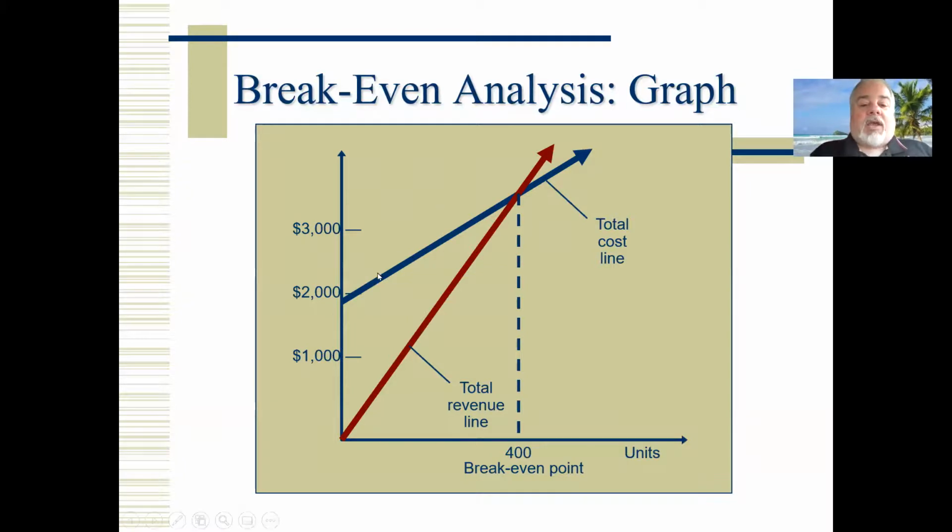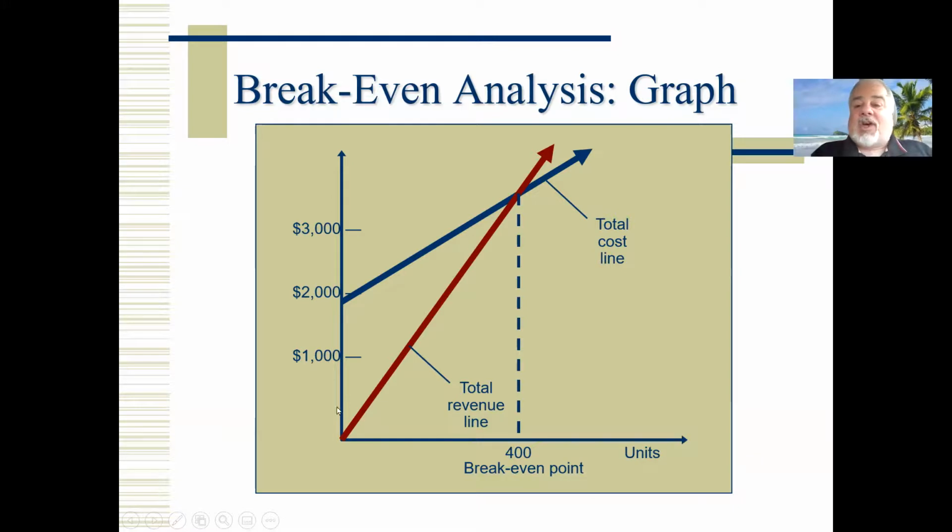So let's look at that. Here's the cost line. When I have 0 rafts, it's $2,000 before I even start. I make my first raft, it's 2005. Second raft, it's 2010, and it just keeps going up at a rate of $5 per raft, right? My revenue line, I've sold 0 rafts, I got $0.